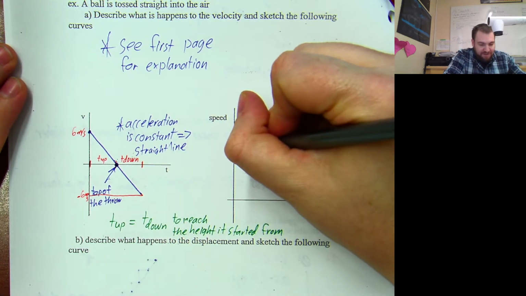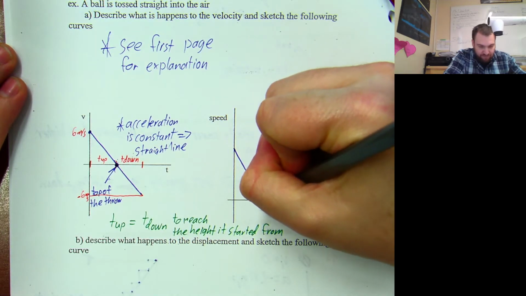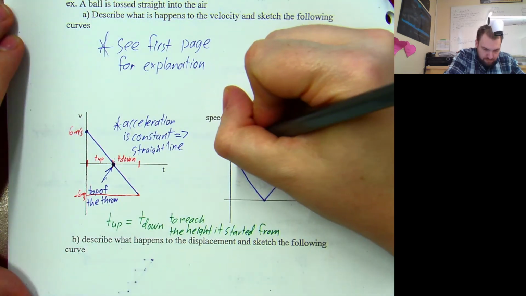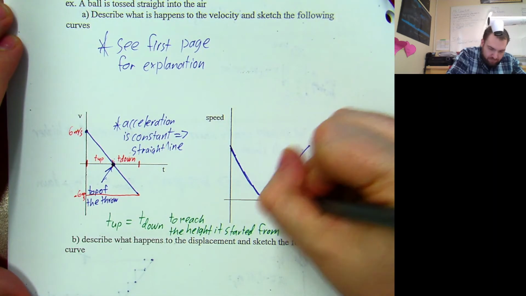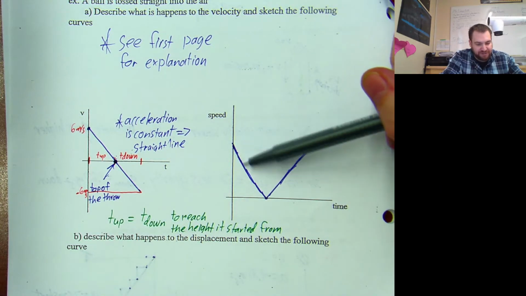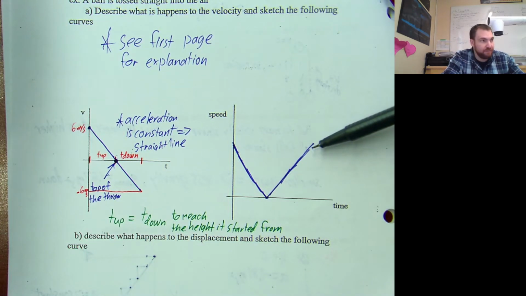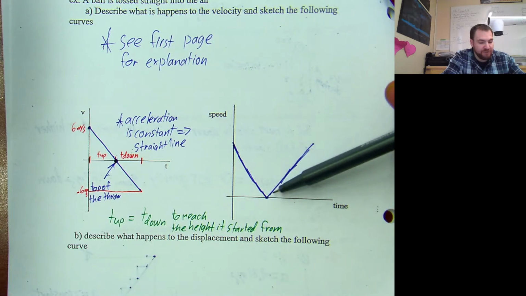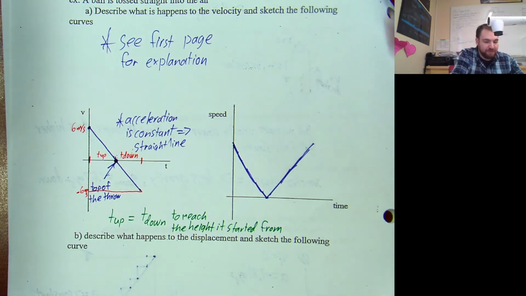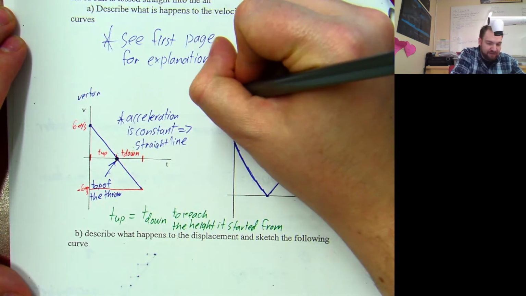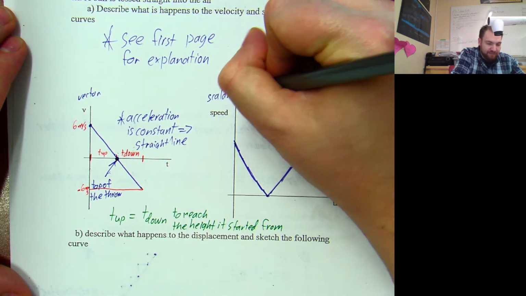So a speed time graph is going to look like this. The object has speed, it falls to 0, now it's gaining speed again as it comes back down. The difference between speed and velocity, this guy's a vector, this guy's a scalar. Scalar means can't be negative.